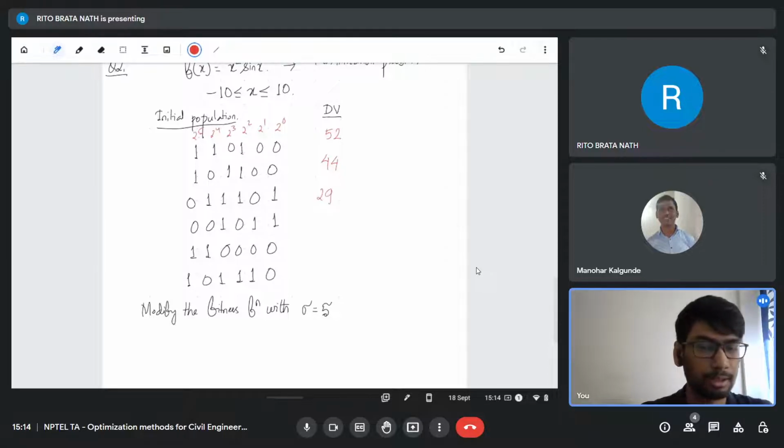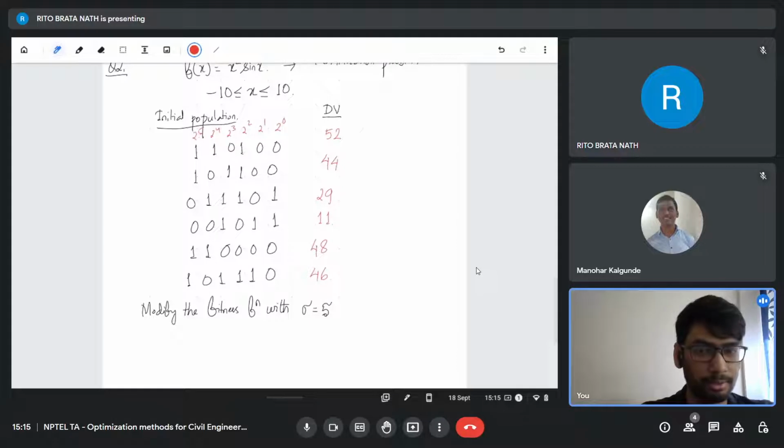For the next one, you are adding 1 plus 2 plus 8, so that's 11. And then I am adding 16 and 32, so that's 48. And finally, I'm adding 2 plus 4, that's 6, and then 8, that's 14, and 14 plus 32, that's 46. So this is your decoded value.